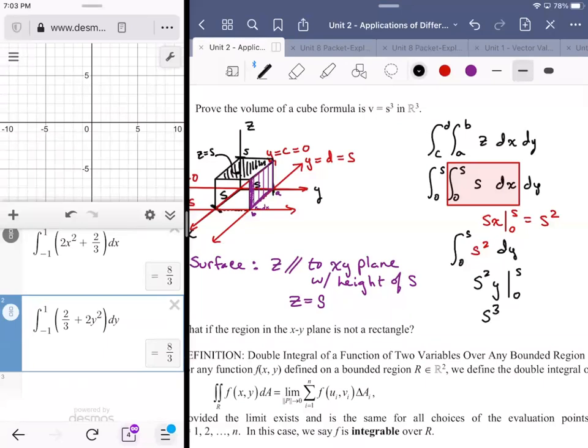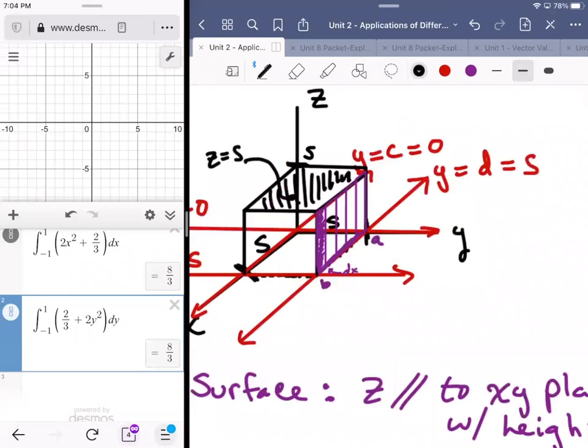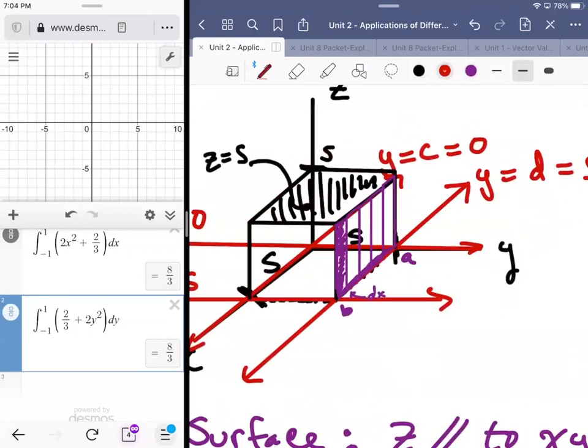And that's what would happen if we took each one of these regions, one of these slices, and propagated it over the interval of C to D, covering the distance in terms of y. Each one of these little rectangles would be in the orthogonal direction, making a cube.